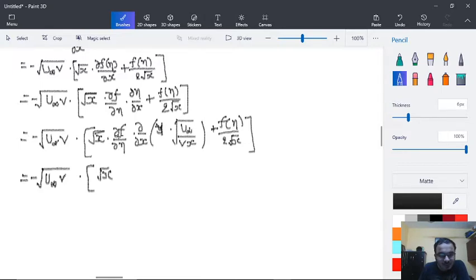Let us first take this partial derivative as a full derivative, because it is only a single variable dependence.